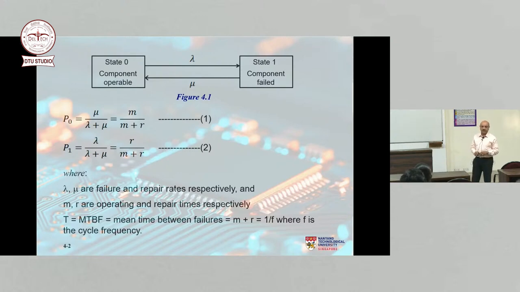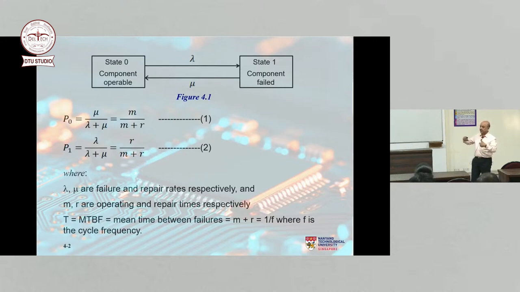Now the mean time between failures we do not use very much in power engineering, in power systems. Why? Because the mean time to failure is very large compared to the mean time to repair. Remember I mentioned that lambda is a very small number, one failure per year typically, and mu is a very large number, 500 repairs per year, right?